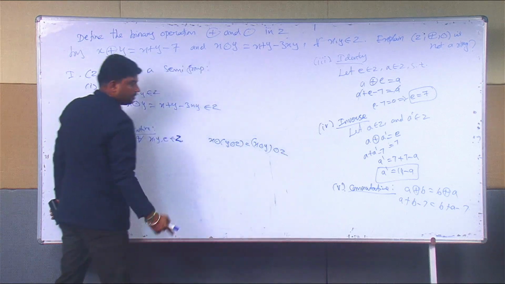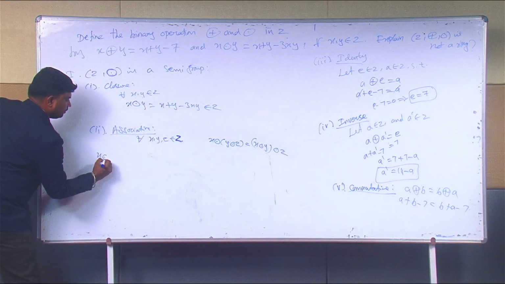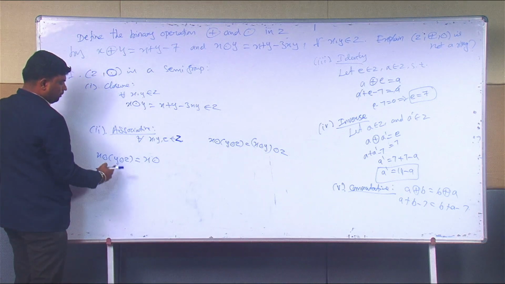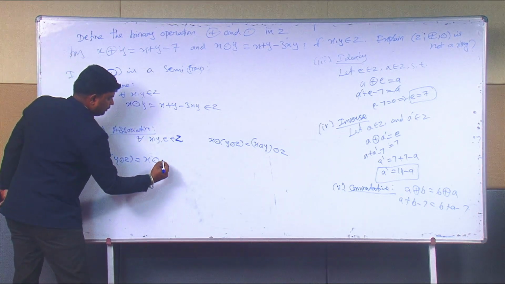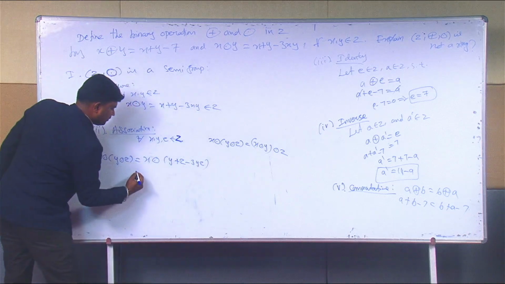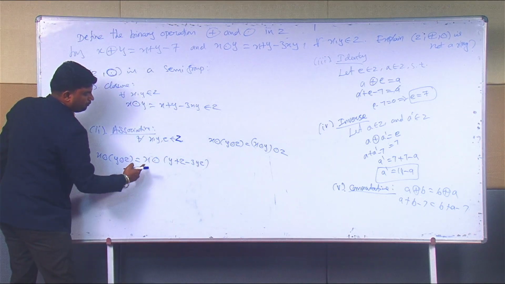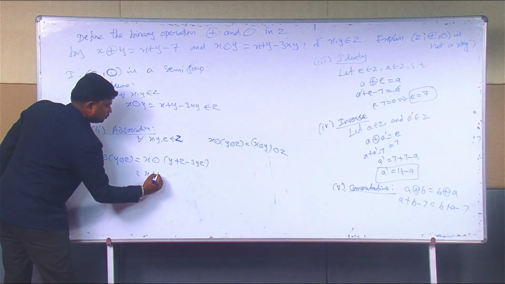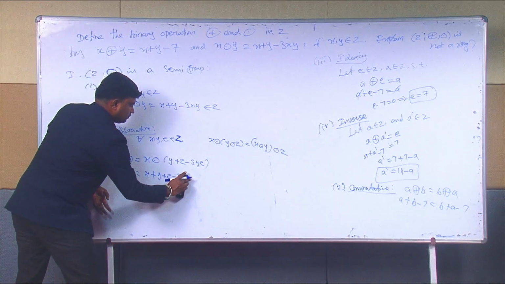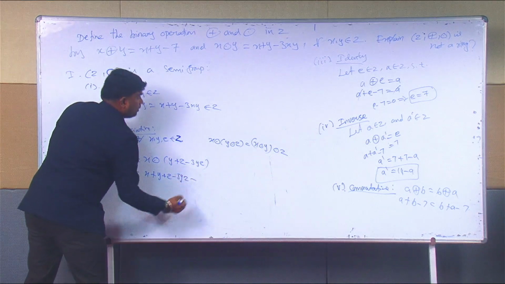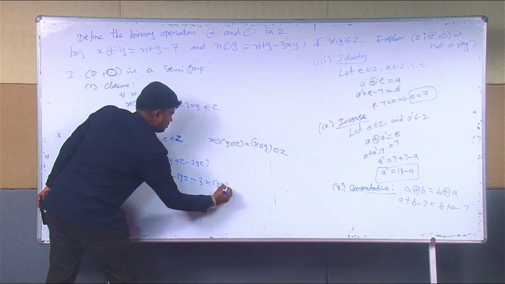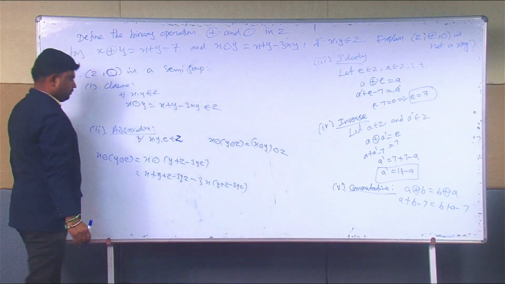The associative axiom is x multiplication modulo y multiplication modulo z equal to x multiplication modulo y and multiplication modulo z. Take the left side: x multiplication modulo, and y multiplication modulo z is y plus z minus 3yz. Again implement multiplication modulo for these integers: x plus y plus z minus 3yz minus 3 into the product of these.